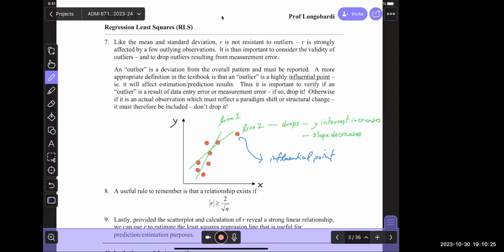In fact, maybe it's marking a shift in the relationship that needs to be modeled. So as I said before, the first line modeled around the points should not be used far outside the range of values.